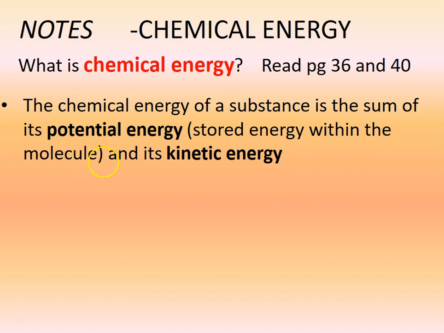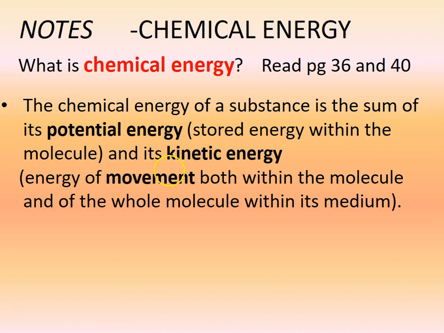And it's kinetic energy, so the movement of the bond, how atoms twist, bend, flex, and how the whole molecule can move around other molecules. All of those things together is what chemical energy is referring to.